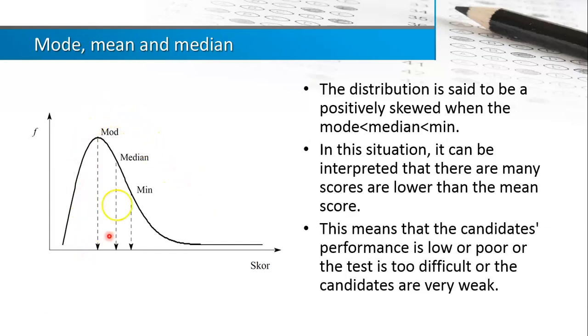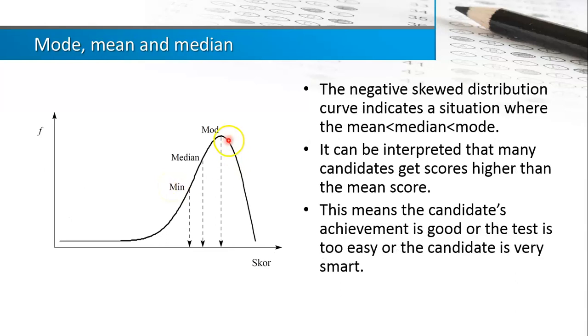So you should look at the mode in comparison with the median and mean. In some situations the mode is more than the median and mean, so you can say that most of the candidates get scores higher than the mean or the median.